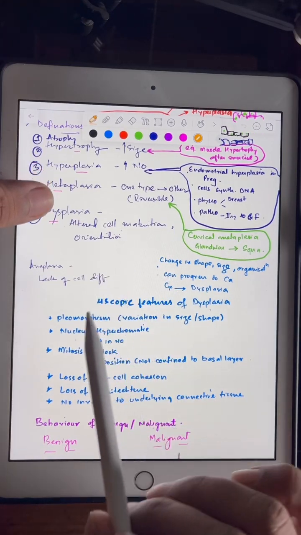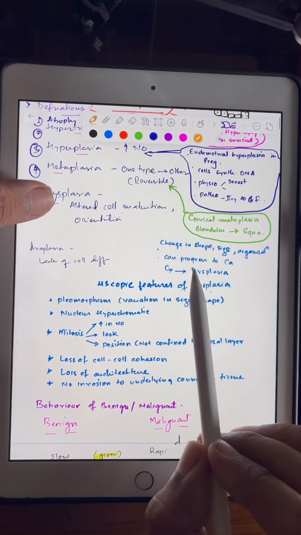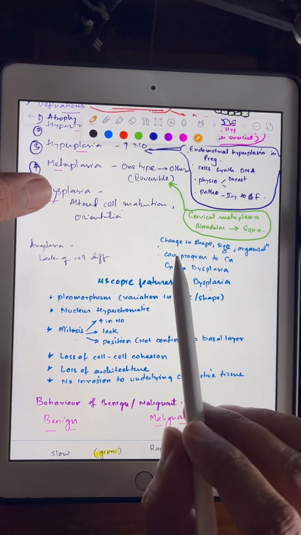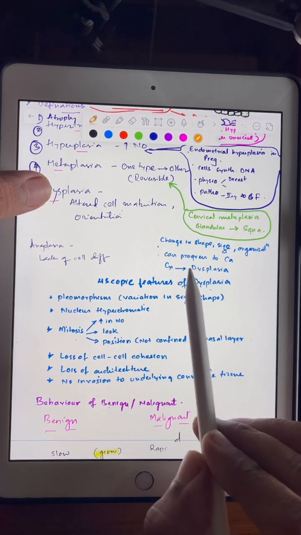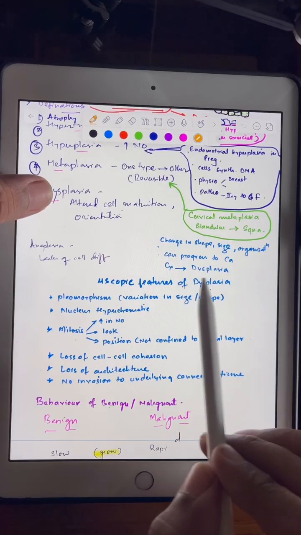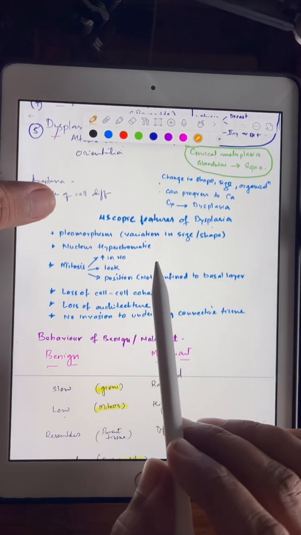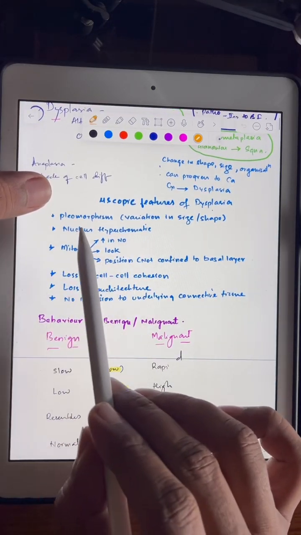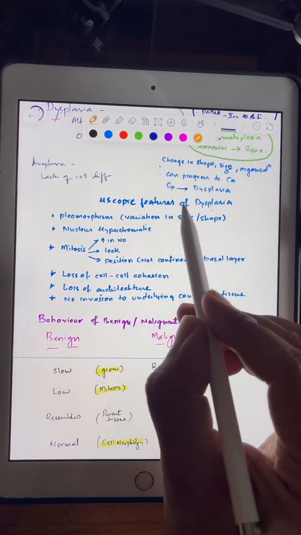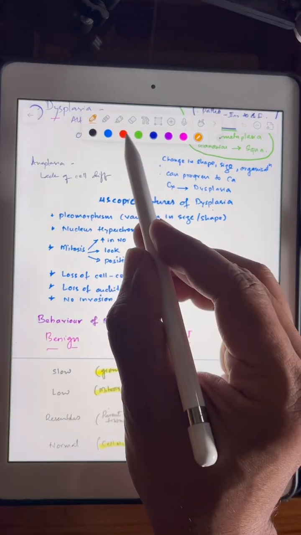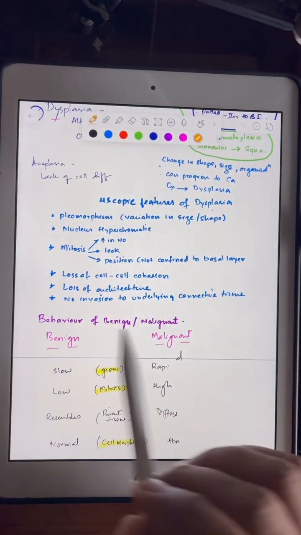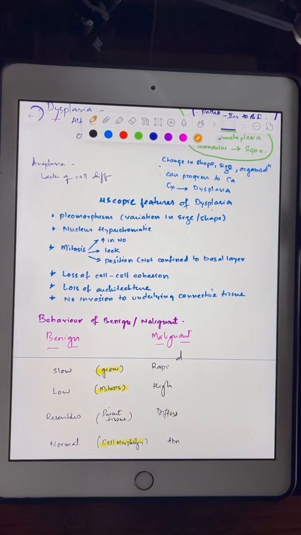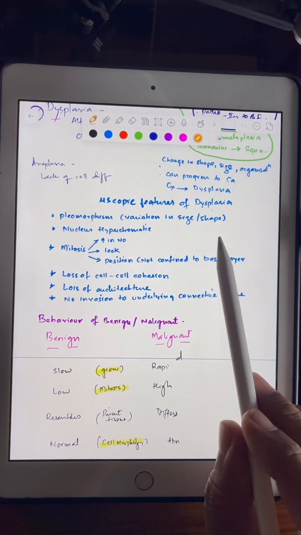Dysplasia, altered cell maturation, orientation. What are the microscopic changes in shape and size and orientation that can progress to carcinoma, as in cervical dysplasia? How can you differentiate this? What are the features of dysplasia? Pleomorphism, variation in the size and shape.